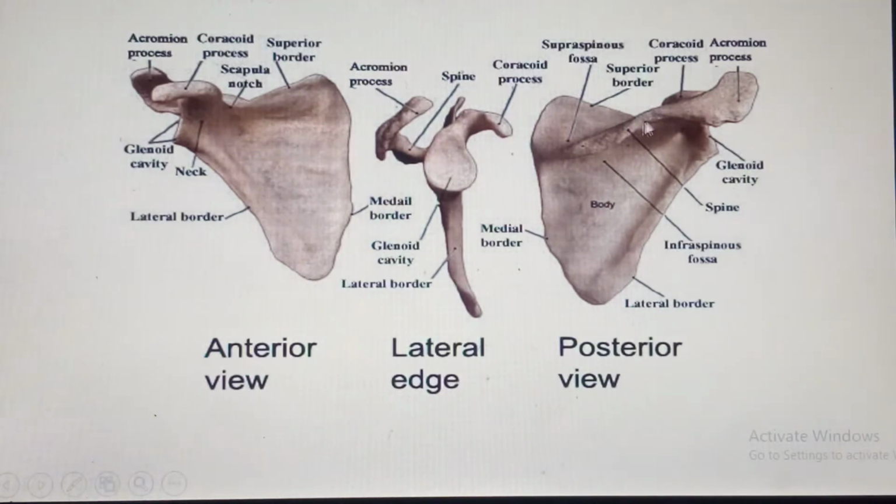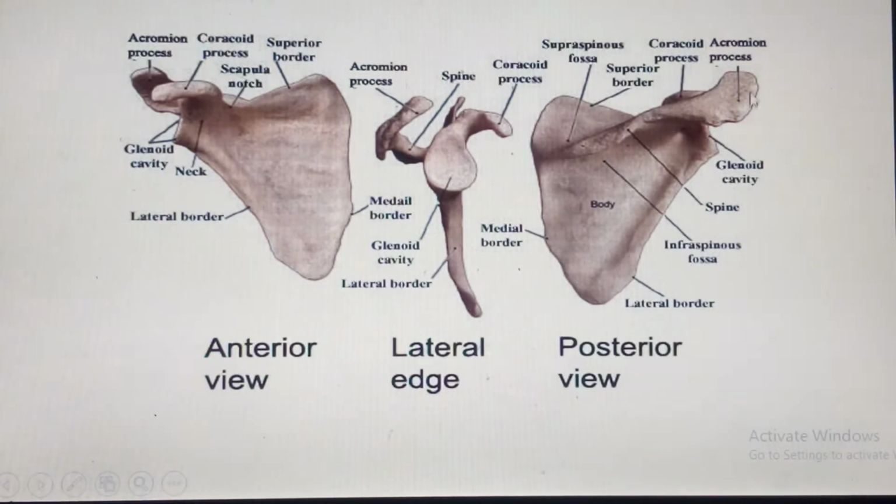Now this area, where the middle fibers of trapezius will be attaching, we call the deltoid tubercle. Now this deltoid tubercle shouldn't be confused with deltoid tuberosity. Deltoid tuberosity will be the insertion for what we call the deltoid muscle, which we see in the humerus, upper aspect of the shaft of the humerus laterally. This area will be the deltoid tubercle, where middle fibers of trapezius will actually insert. And of course, this whole area will be the insertion area for the trapezius muscle.